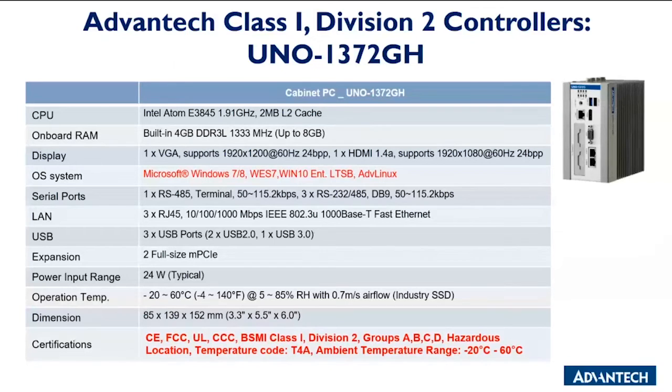And of course, OS support is very important because a lot of systems now are still using a very old OS like Windows XP or Windows 7. But now almost all products are required to upgrade to Windows 10 IoT.